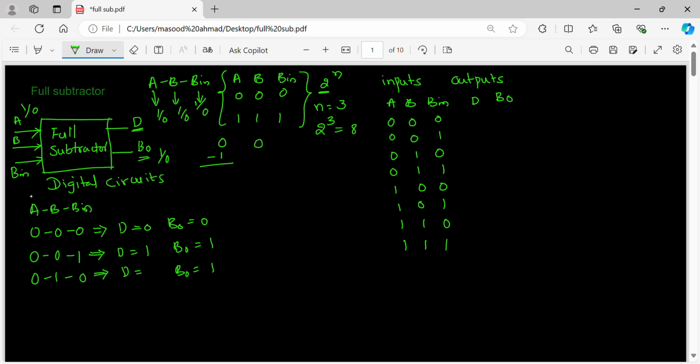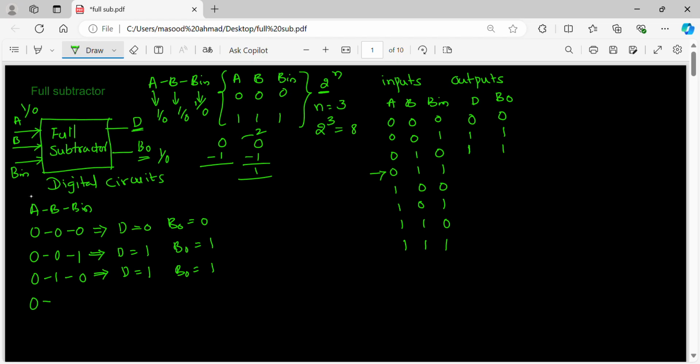Once again 0 minus 1, because I need a borrow from which I get the difference. The difference value is 1, that 1 minus 0 is 1, so difference is 1. So now I am entering the values from this analysis: 0, 0, then 1, 1, then 1, 1. Right?